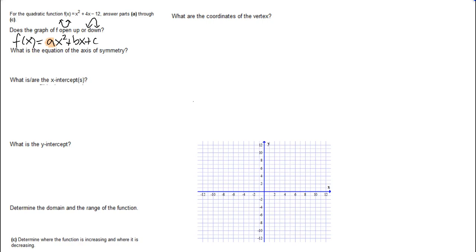So the value of a for our function is 1. Whenever a is positive, the graph will open up, and whenever a is negative, the graph will open down. So because a, the coefficient of the x squared term, is positive, our graph will open up.